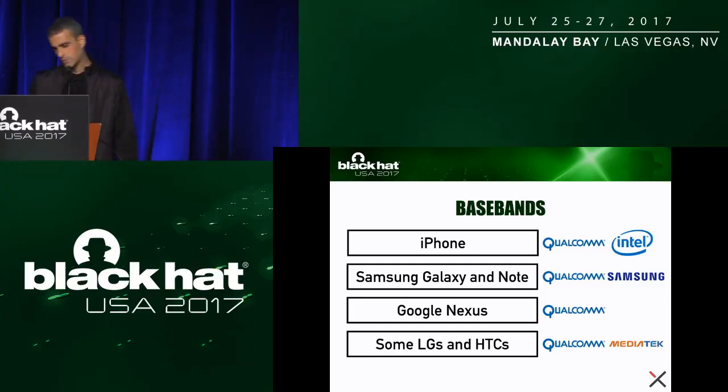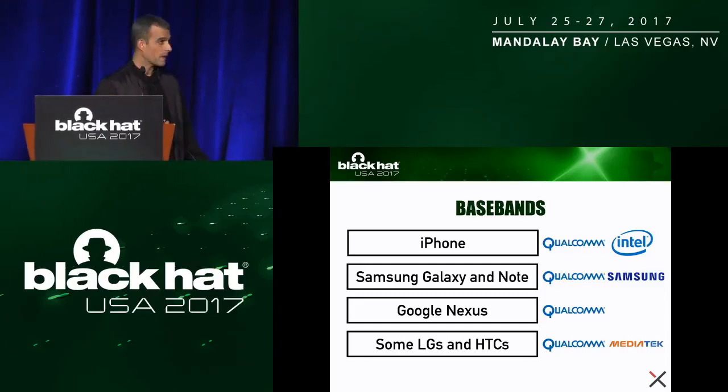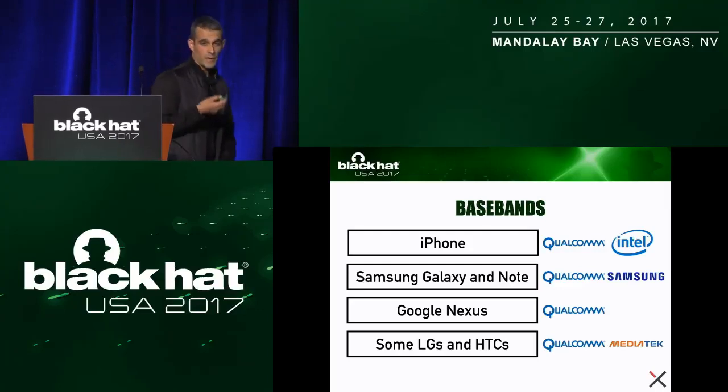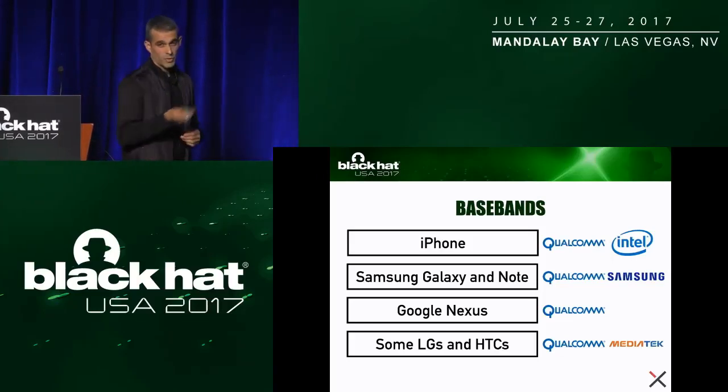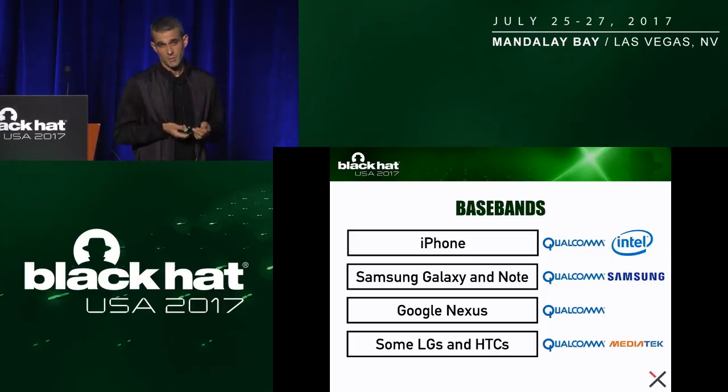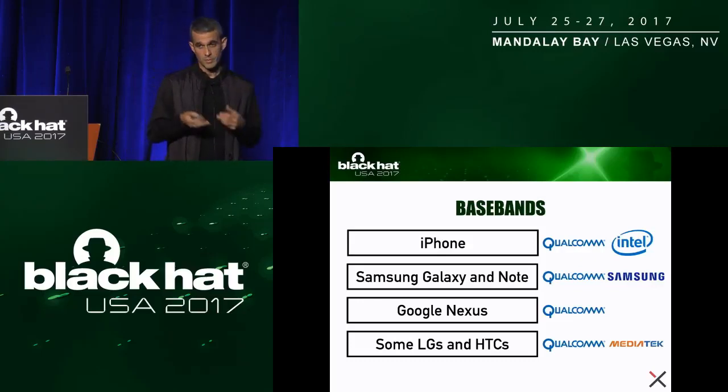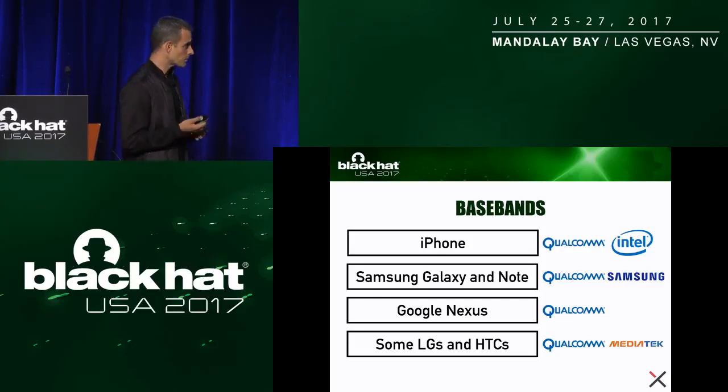First of all, we considered basebands briefly. Now, basebands are a fascinating attack surface, very fruitful ground for bugs. But there's a problem of fragmentation, especially recently. Up until a few years ago, Qualcomm were the market leader, dominating this field. But recently, there've been quite a few new competitors grabbing popular devices. iPhones have moved to Intel chips.